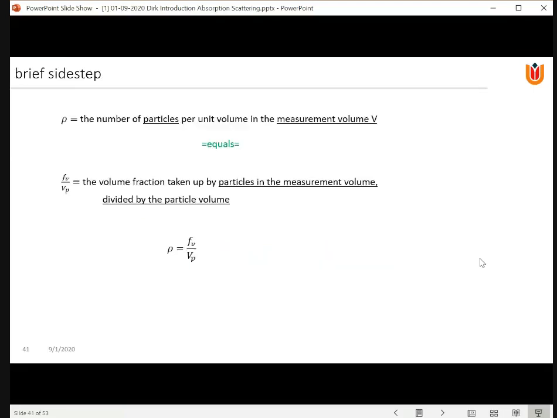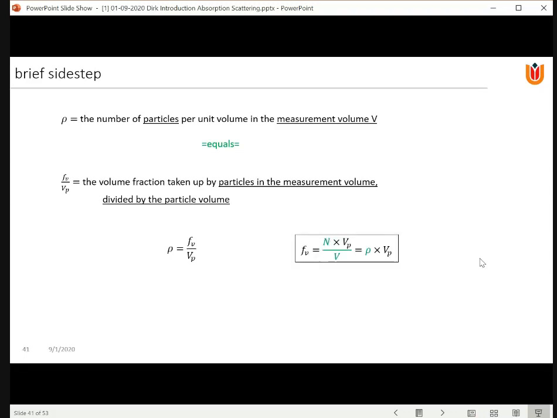One brief sidestep. If I take this rho, the number of particles per unit volume in the measurement volume, I can rearrange it a little bit to have it equal to the equation there: the volume fraction taken up by the particles in the measurement volume, which is just a number, a percentage, divided by the particle volume.